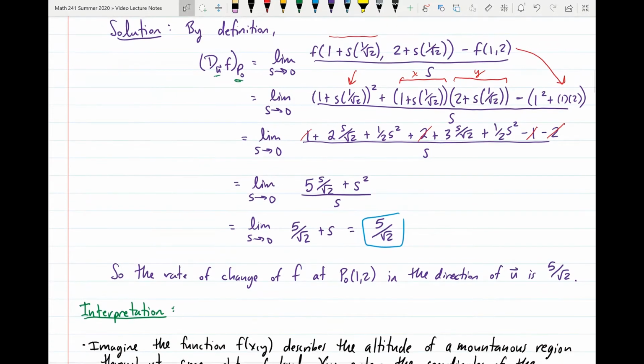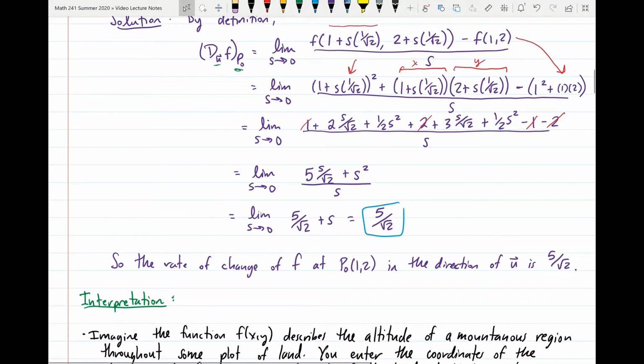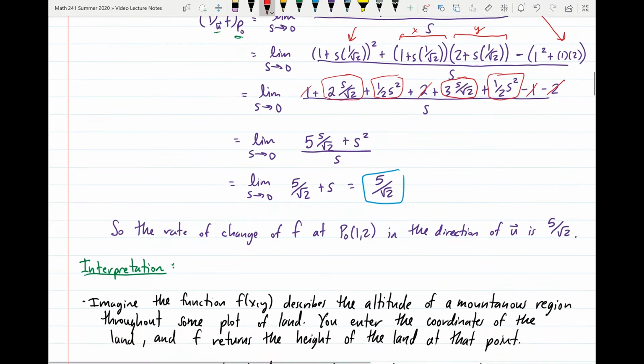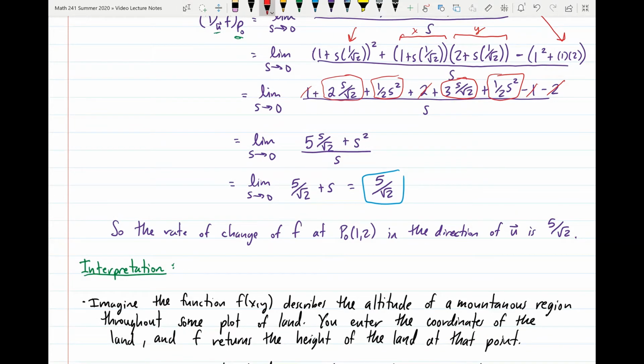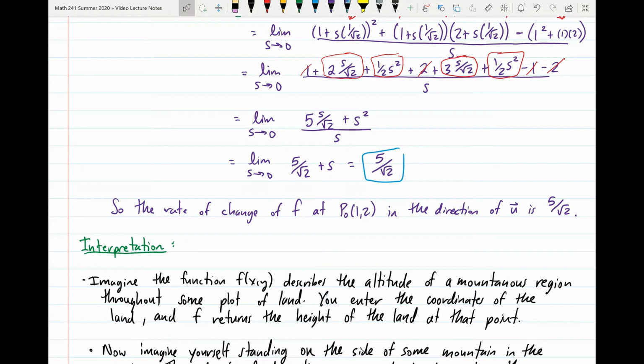And then if we combine the like terms that are left, we end up with the limit as s goes to 0 of 5 times s over the square root of 2, so you can see those terms coming from here, plus s squared, where we have this 1/2 s squared plus 1/2 s squared that are being combined. And we can remove an s from each of the summands in the numerator here, and we end up with the limit as s goes to 0 of 5 divided by the square root of 2 plus s.